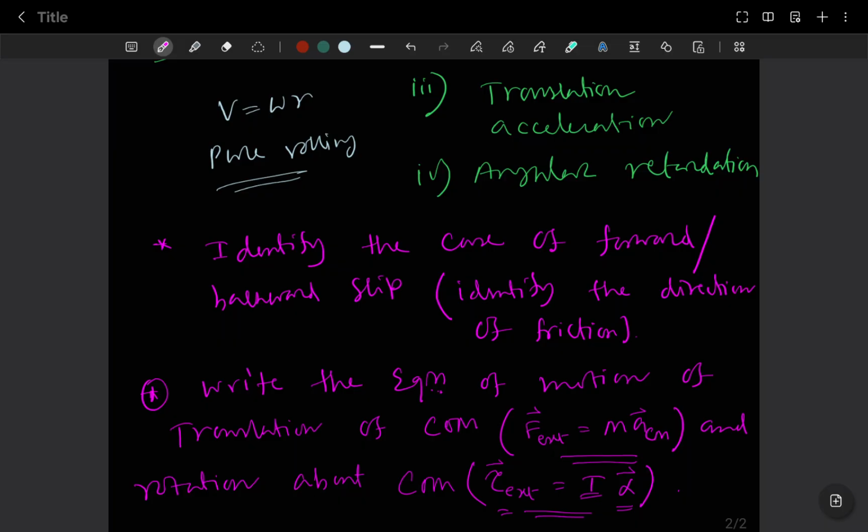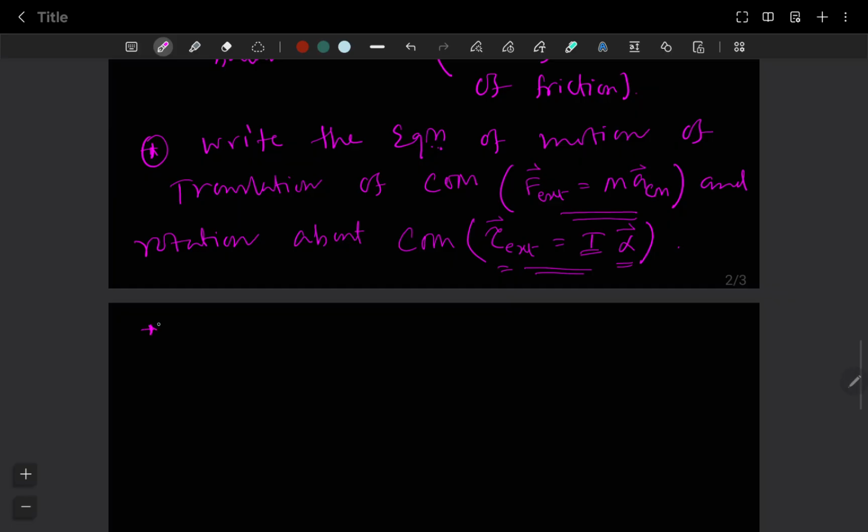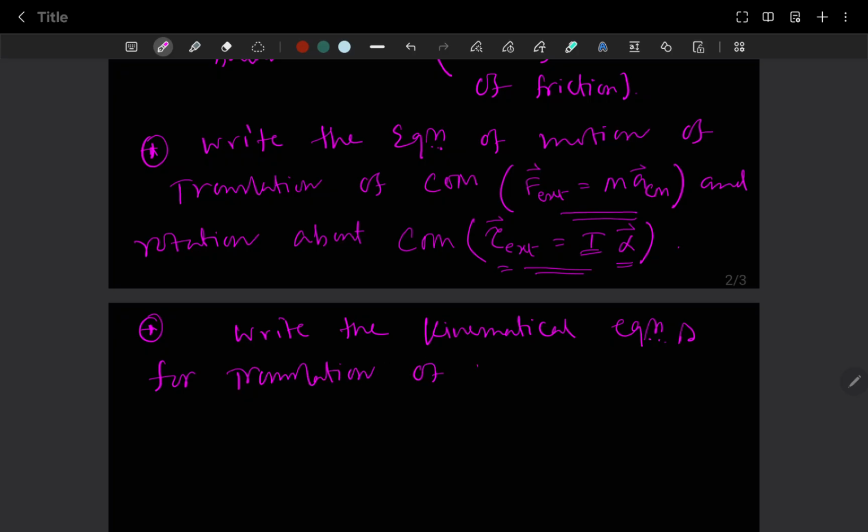Okay, now the third step, write the kinematical equations for translation of center of mass and rotation about center of mass separately.